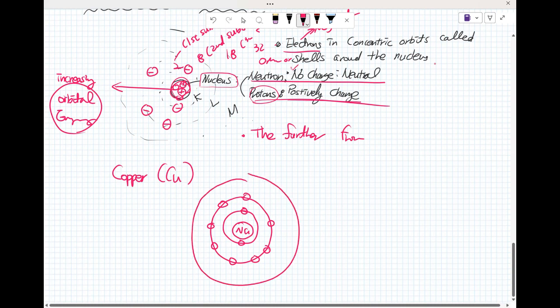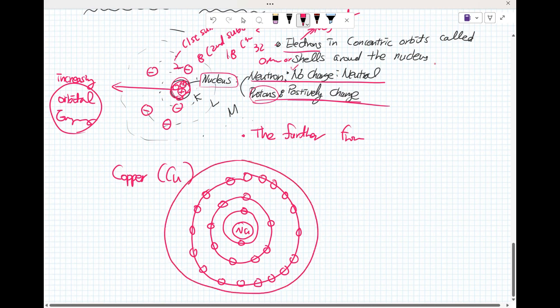The last one has 1 electron, because copper's atomic number is 29.